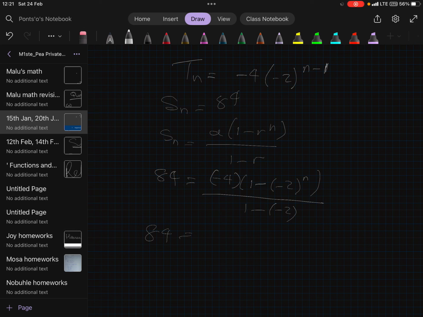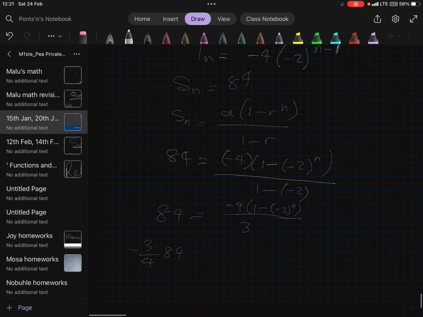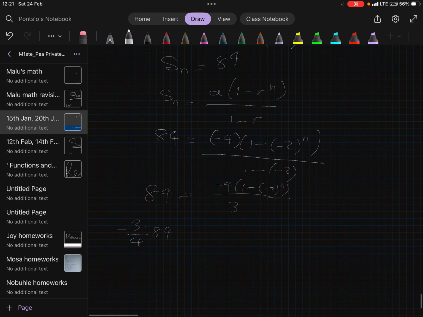All right. So now we have negative 4 over 3 times 1 minus negative 2 to the power n equals 84. So 84 times negative 3 over 4. Negative 4 multiplied by 1 plus 2 to the power n.